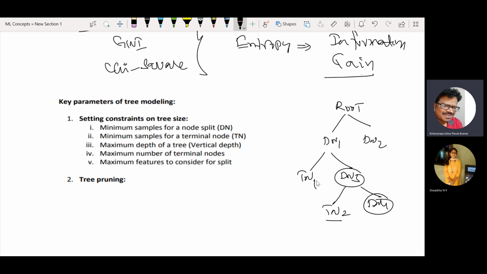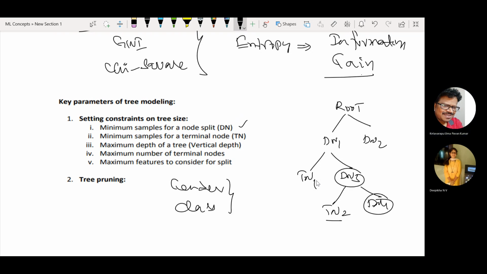So, minimum samples for node split, because for node split earlier we took gender as well as class. If I keep on increasing the number of splits, it takes a lot of time. So we have to take the minimum samples for the split. Though I have 1,000, I can take some sample from that particular population.